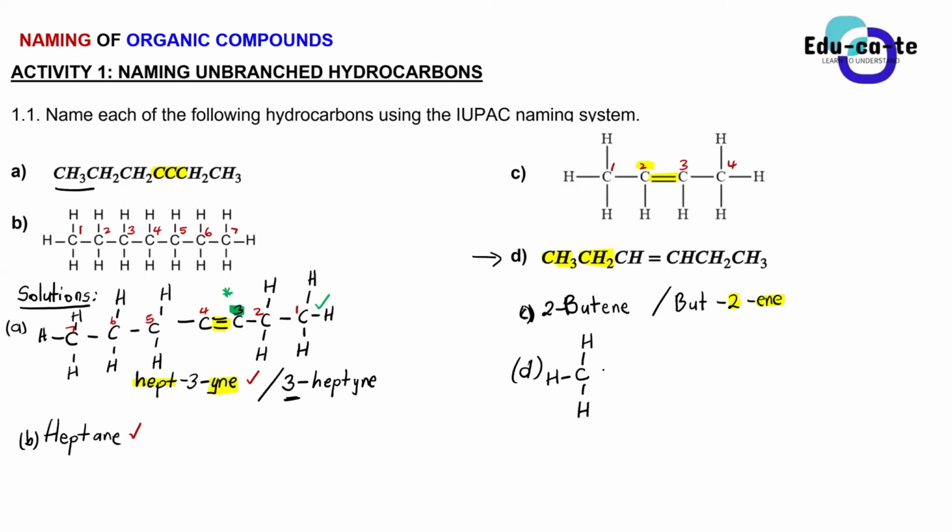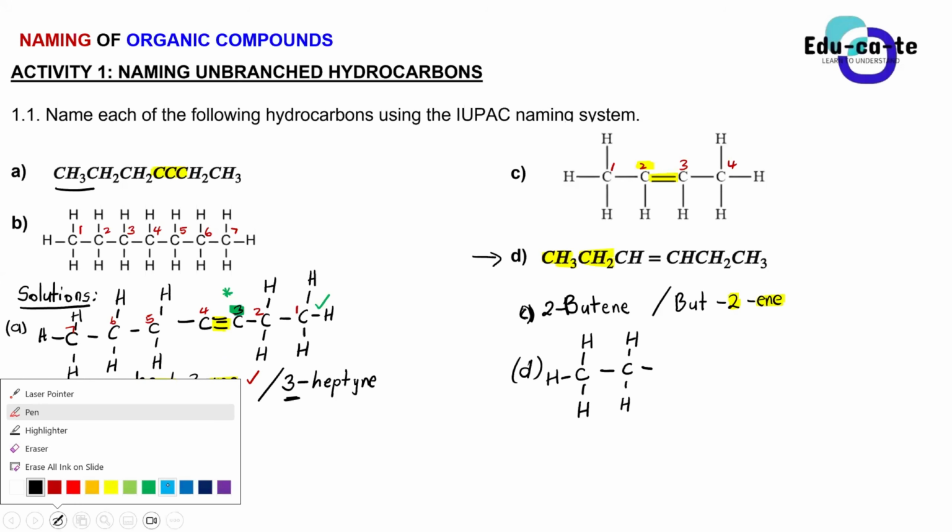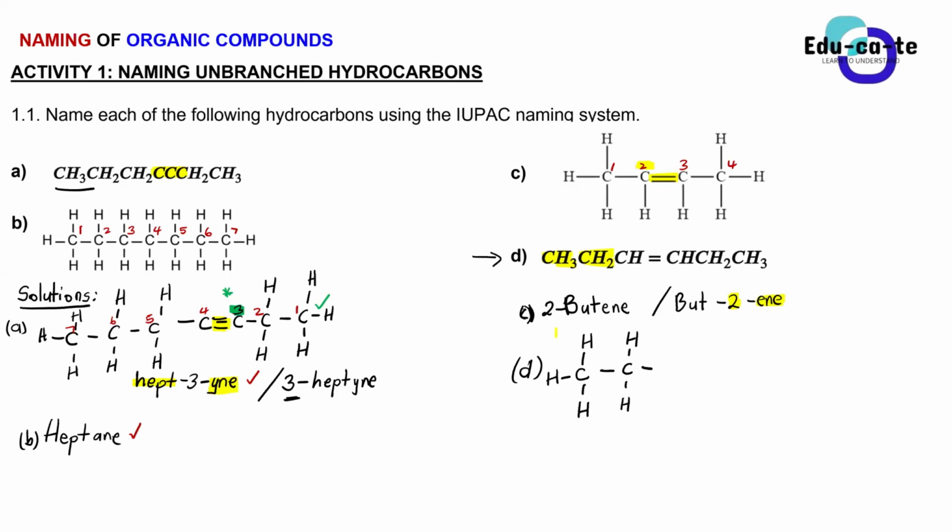So after that, it's a carbon bonded to 2 hydrogens. Can you guys all see that? Yes. And then after that, we go to CH. There's a CH there. So it means that we have got a carbon bonded to a hydrogen atom.